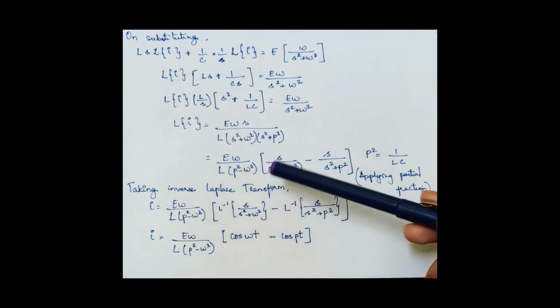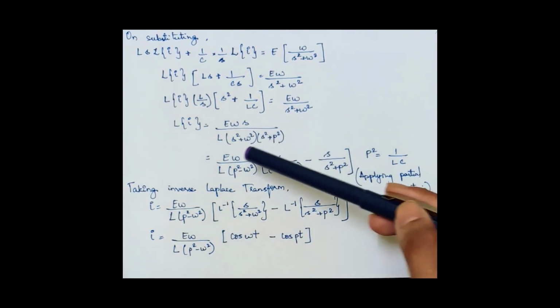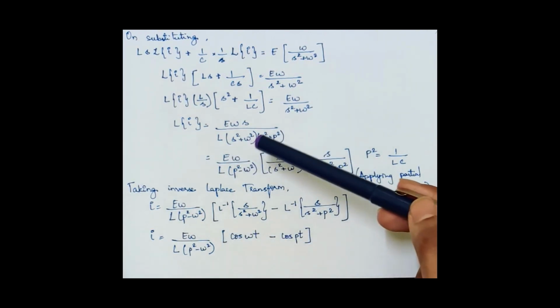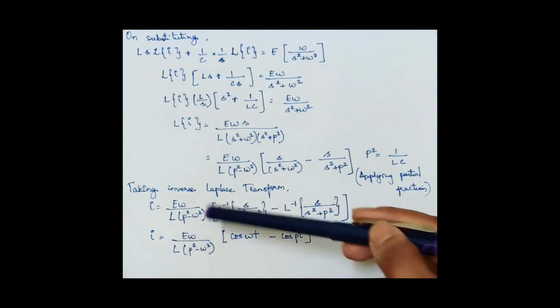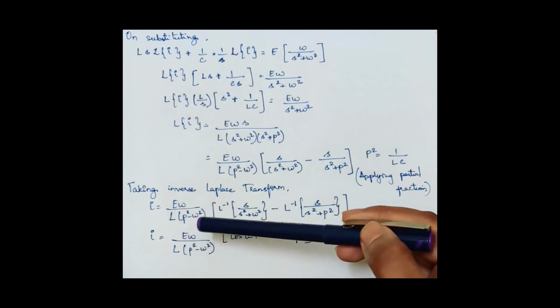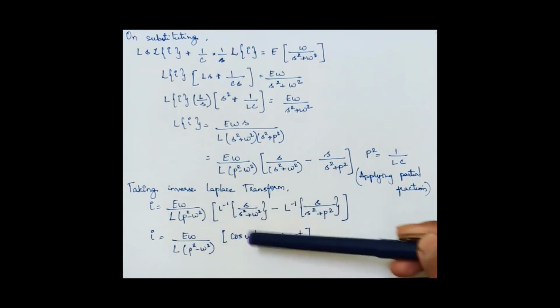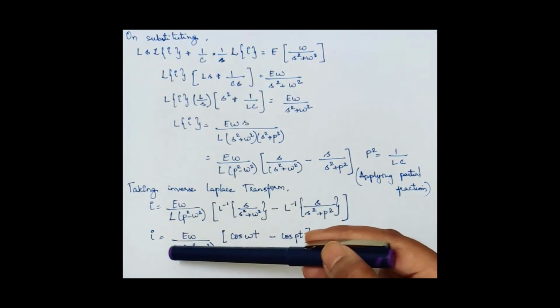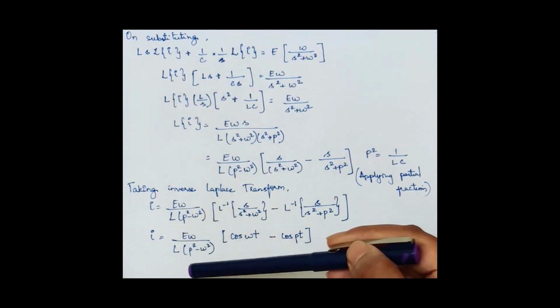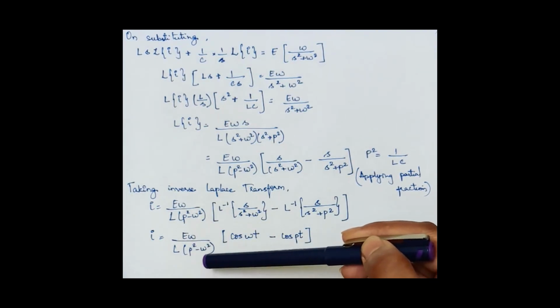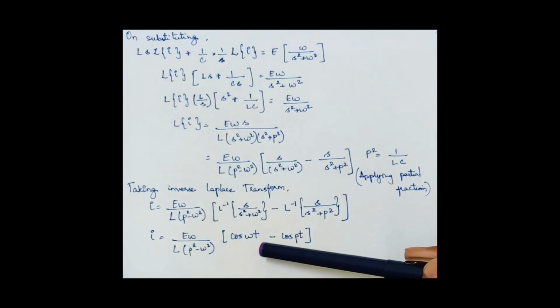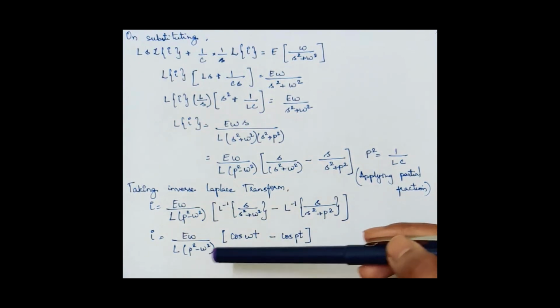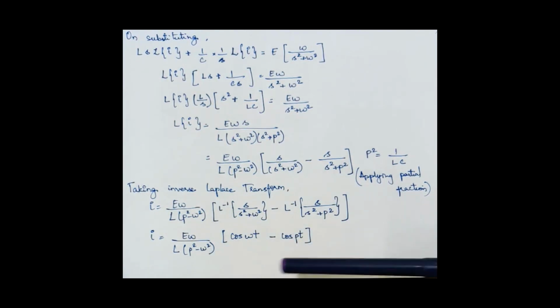When you take inverse, you apply partial fractions because you cannot take the inverse for such a term. So you divide it to take inverse Laplace transform. All these are constants, so you take them out. When you take inverse Laplace transform for this, you obtain I is equal to E omega by L into (p square minus omega square) into (cos omega t minus cos pt) as the solution, or the current, of the given differential equation.